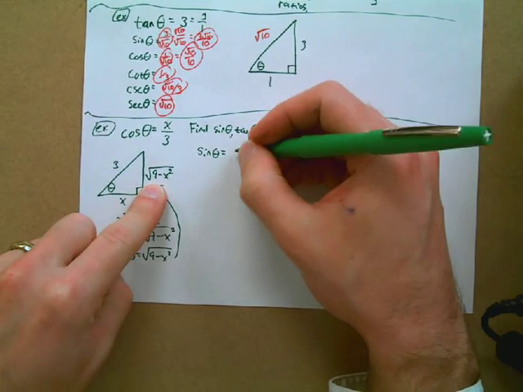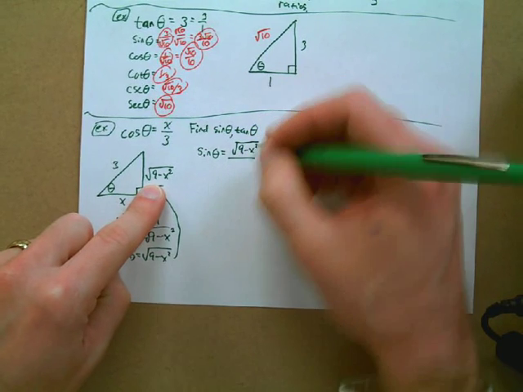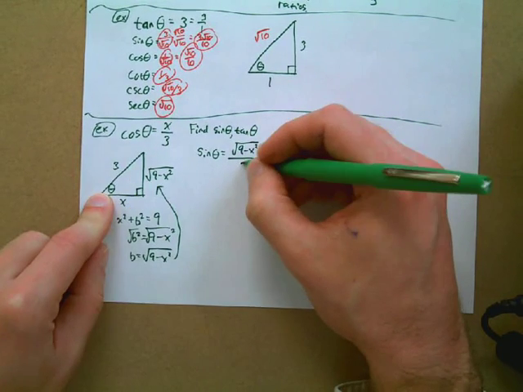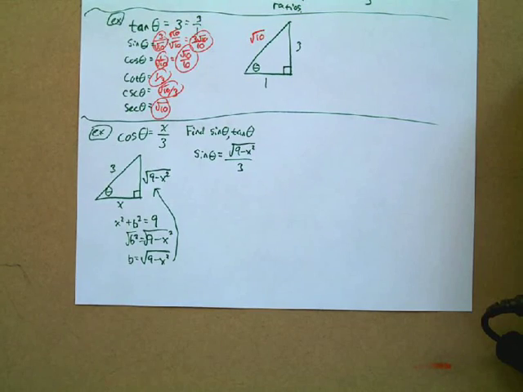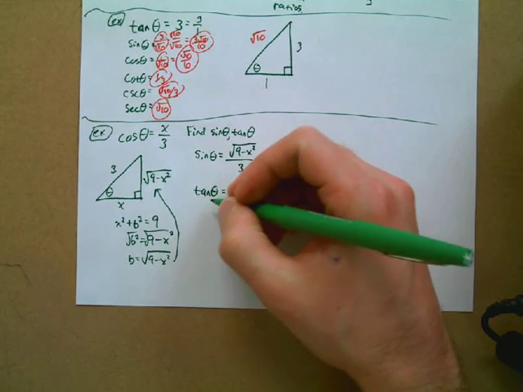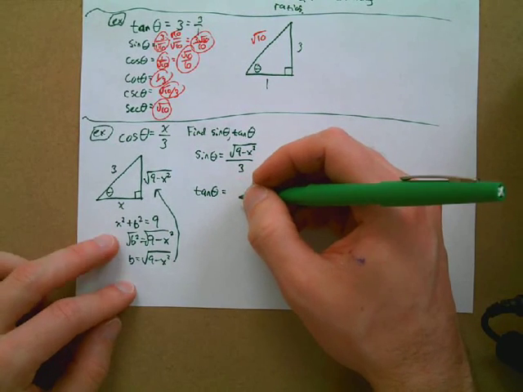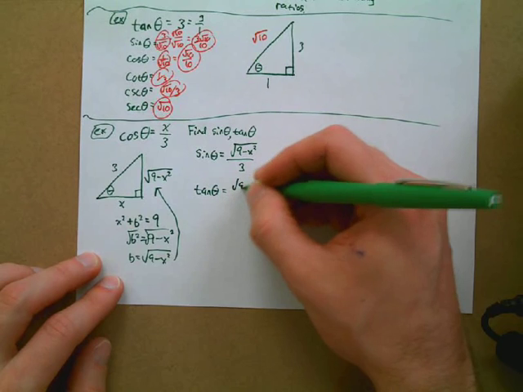And likewise, tangent of theta, using that right triangle to help us. Tangent will be the square root of 9 minus x squared, the opposite leg, over the adjacent leg, x.